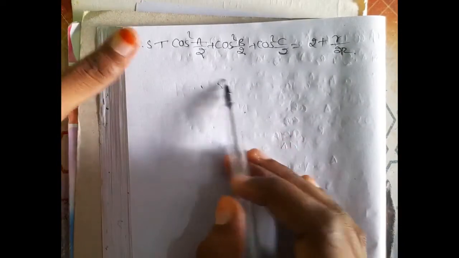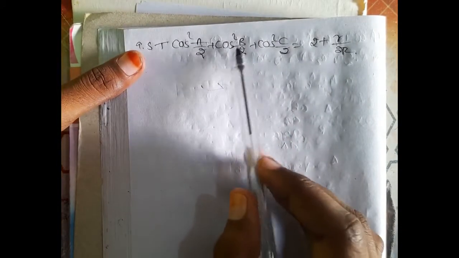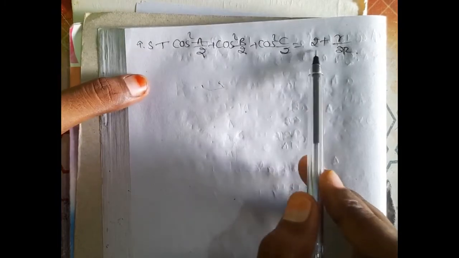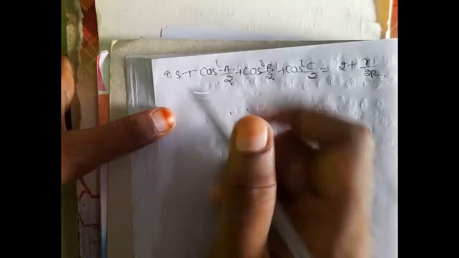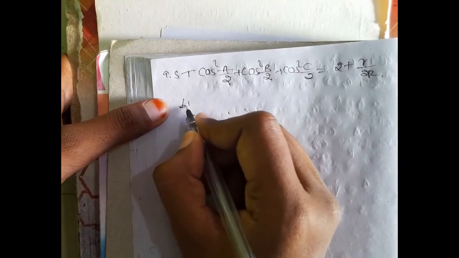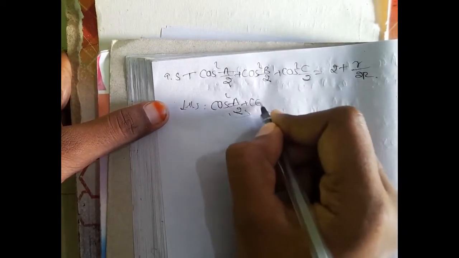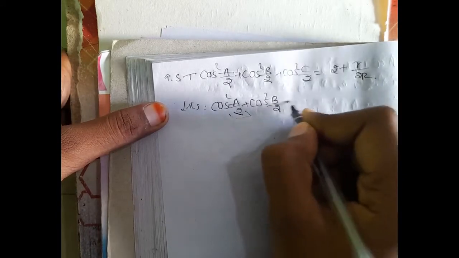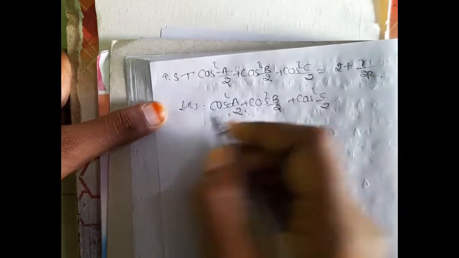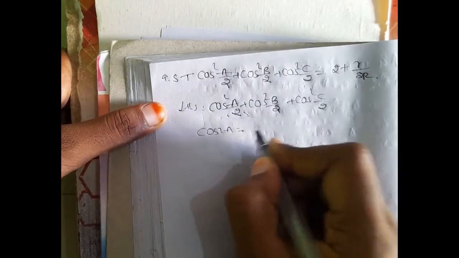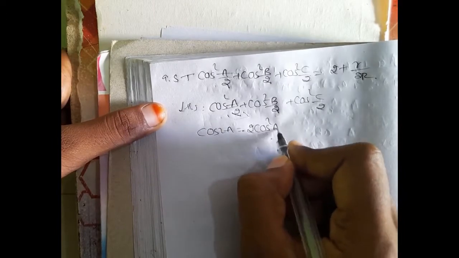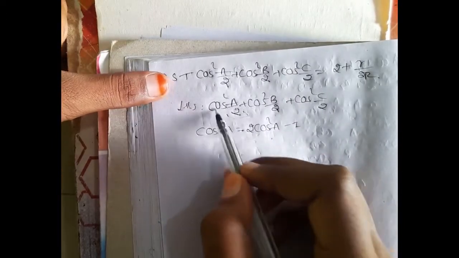The next question is, show that cos square a by 2 plus cos square b by 2 plus cos square c by 2 equals 2 plus r by 2R. So LHS: cos square a by 2 plus cos square b by 2 plus cos square c by 2. From the formula, cos 2a is 2 cos square a minus 1, because we want cos square a by 2.